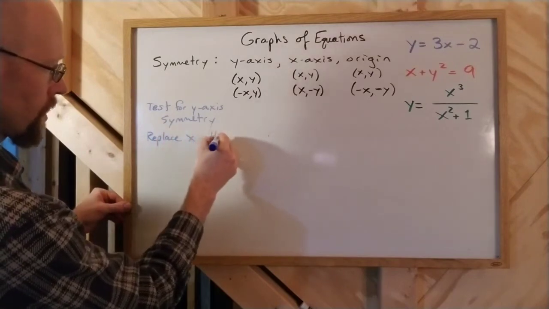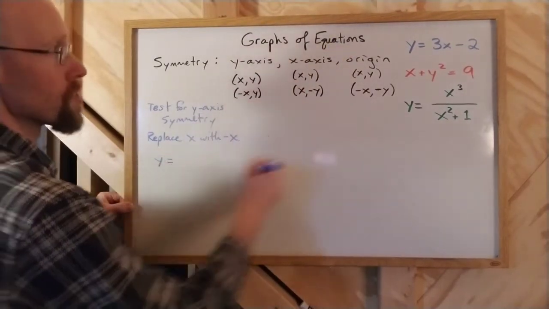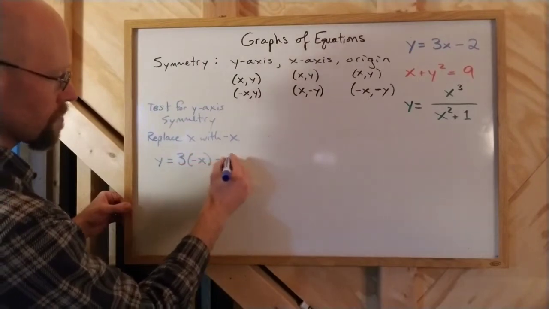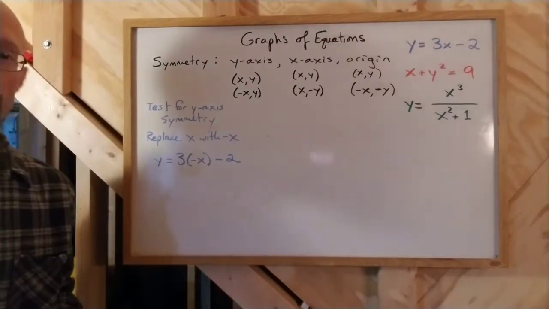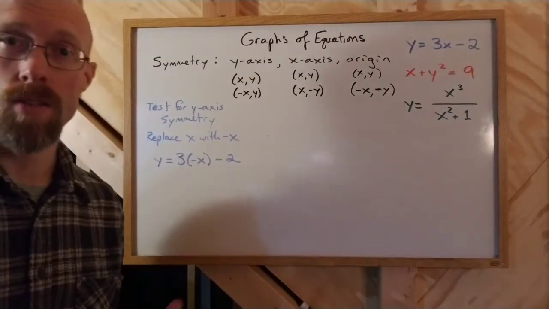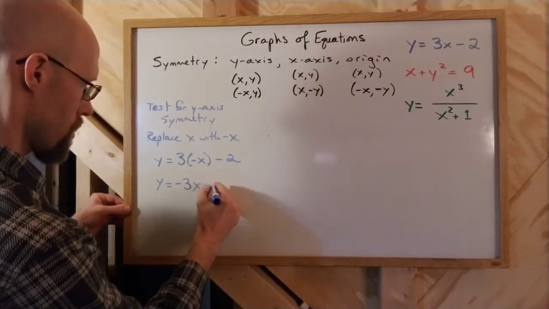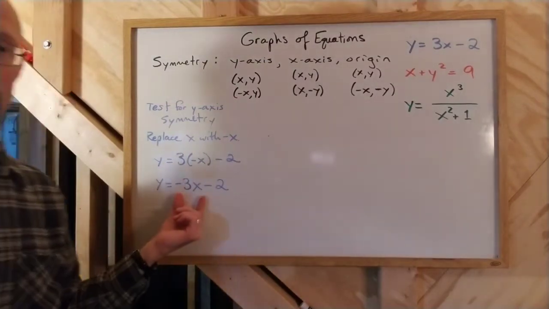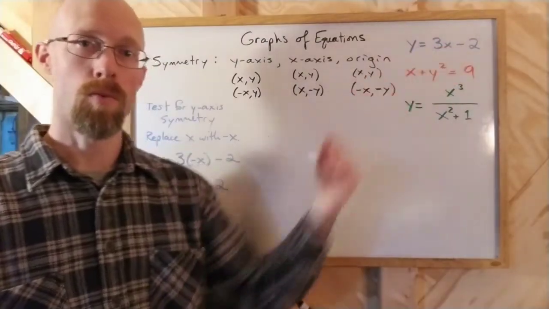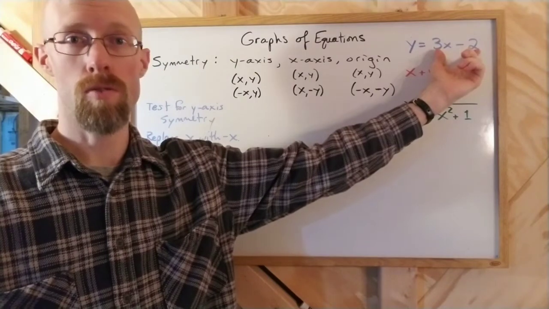So y equals 3x minus 2 becomes 3 times negative x minus 2. Let's simplify a little bit. 3 times negative x is negative 3x. I just showed you that a moment ago. We know that negative 3x is not the same as the original 3x, which means negative 3x minus 2 is different than the original 3x minus 2.